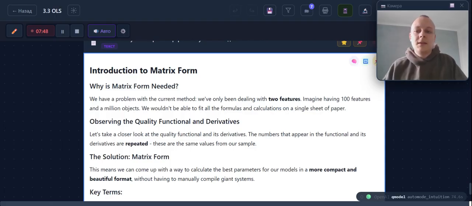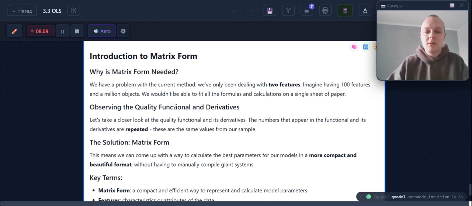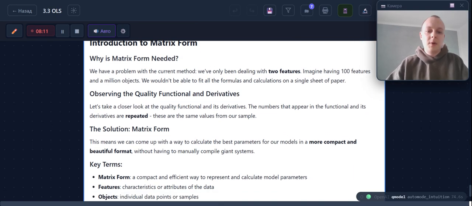So instead of that, we will use something different. Now I will introduce the matrix form, and we will use it here. Why is it needed? We have a problem with the current method, and we just have two features. Imagine we have 100 features and a million objects. We would never be able to calculate such things on paper.